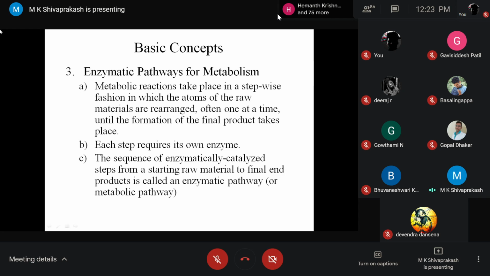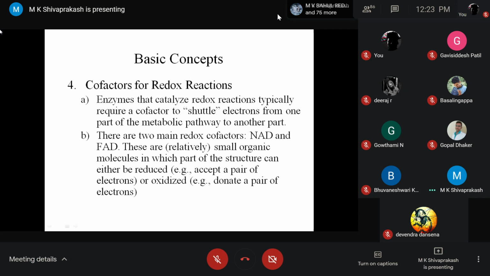Each step requires its own specific enzyme. The sequence of enzymatically catalyzed steps from a starting raw material to the final end product is called an enzymatic pathway or metabolic pathway.